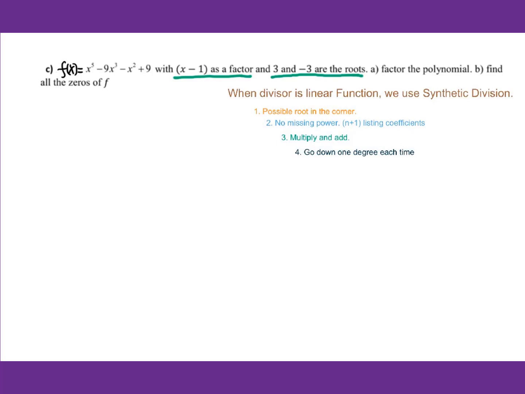Since x minus 1 is a factor, we got x equals 1. When you do synthetic division, remember root in the corner. So we put the 1. When you list all the coefficients of this polynomial, remember no missing power. So we have 0x to the 4th power here. Then we have 0x.